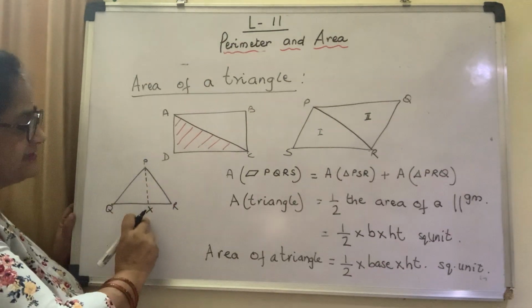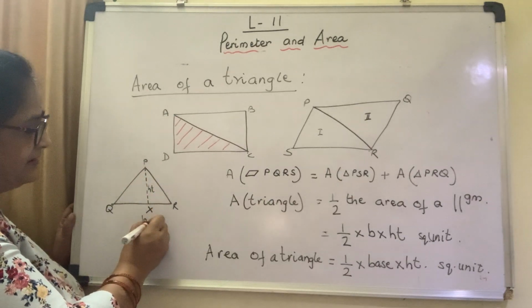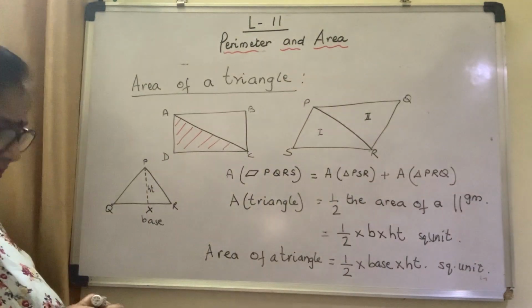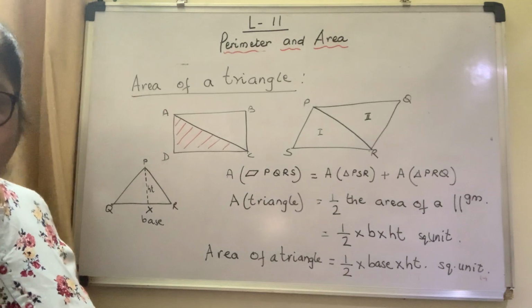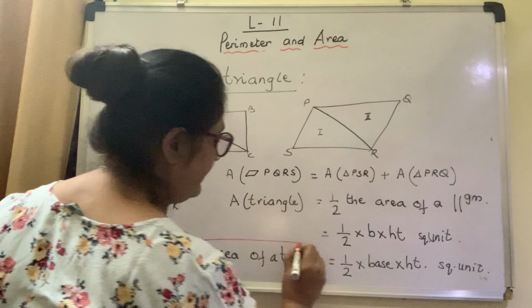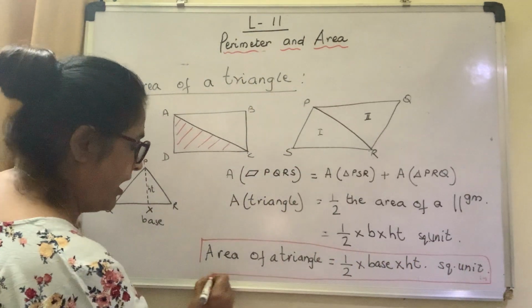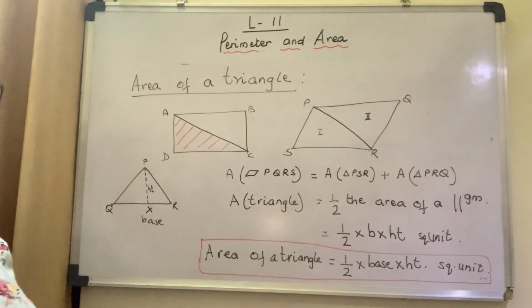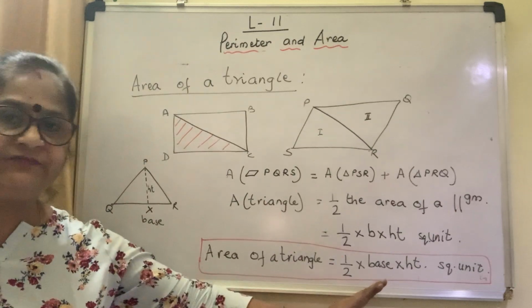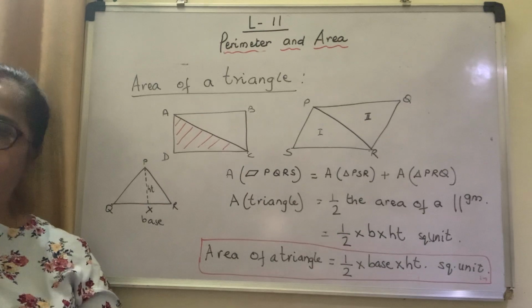So PX will be the height and QR will be the base. If the height and the base are given, then the area of a triangle will be half multiplied by base multiplied by height. I have shown the derivation of this formula.